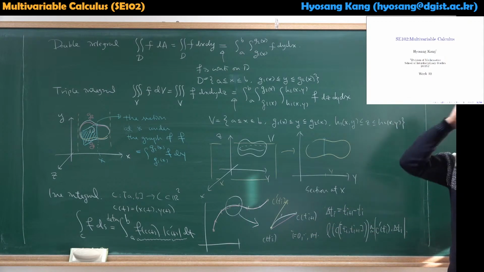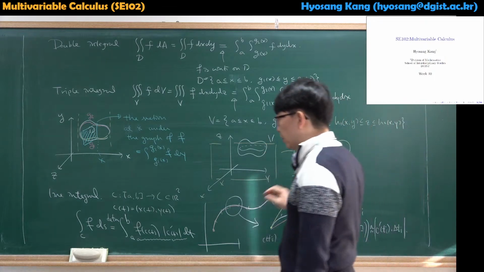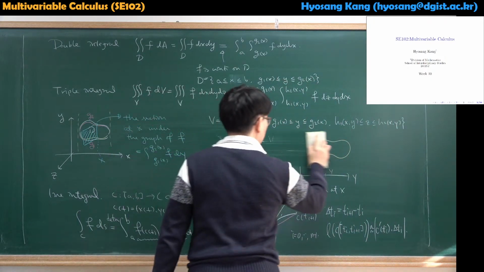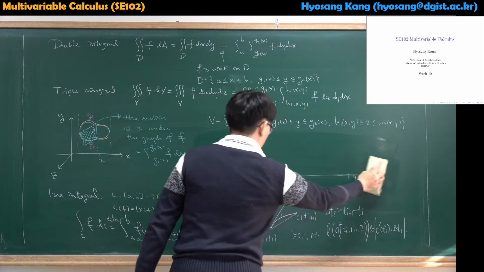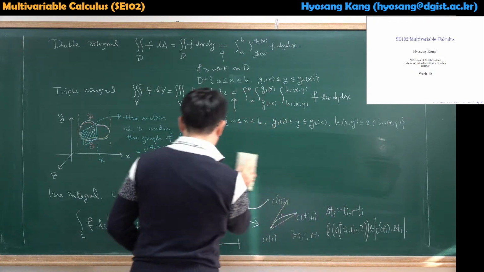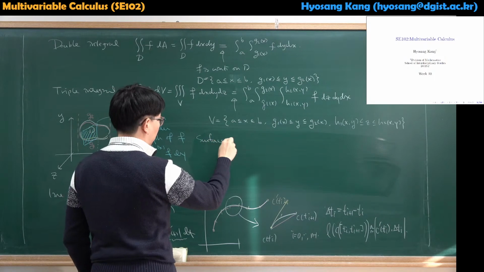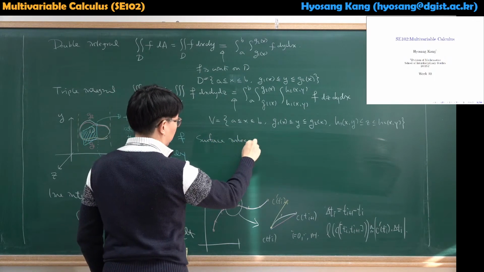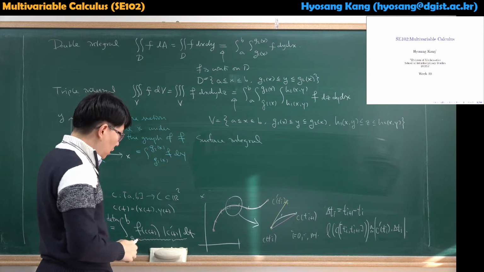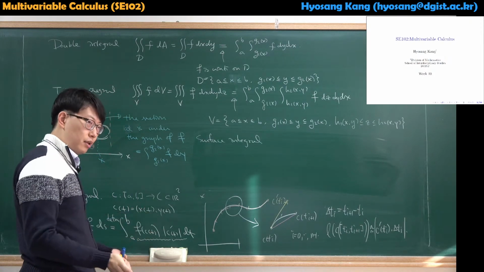So similarly for the surface integral, I'm going to erase this picture. You can define your surface integral using the double integral. So again, you need a parameterization of the surface.